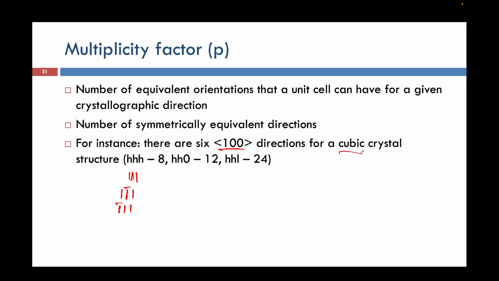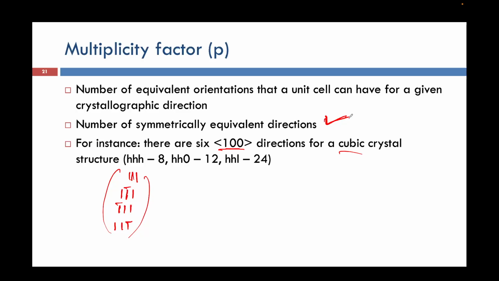In different symmetry the multiplicity factor varies, right? So when I take all these into consideration, they will be equally contributing to my intensity, meaning the number of symmetrically equivalent directions I am taking.